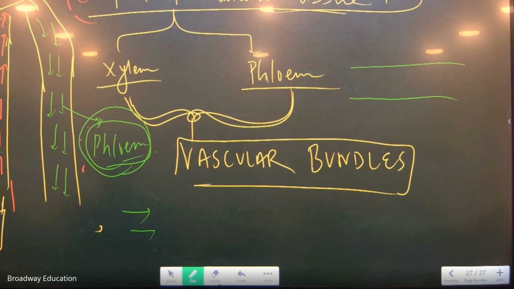Then write this. Under xylem, you please write the dead xylem. Mark with the red pen, very important. The dead xylem is also known as heartwood.